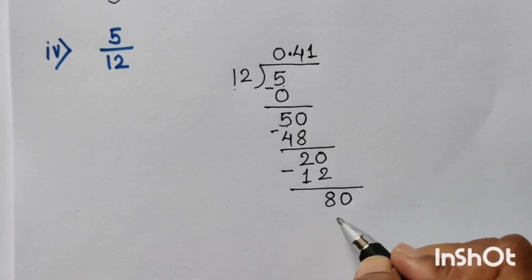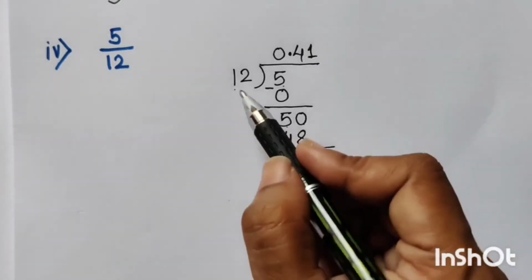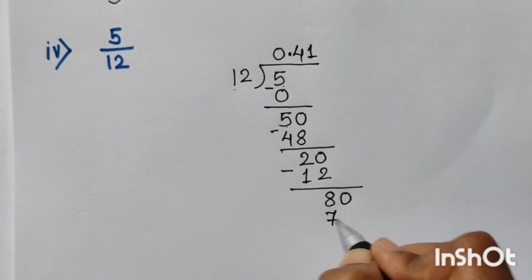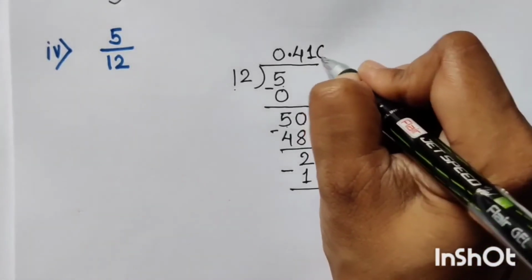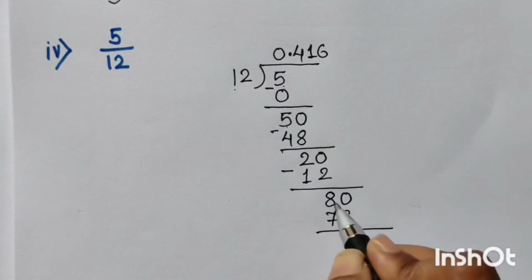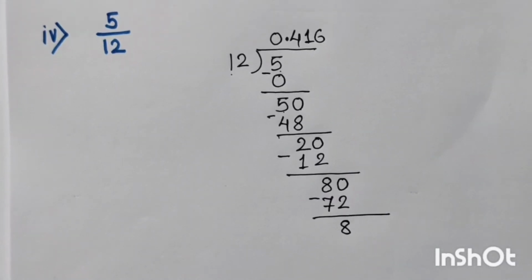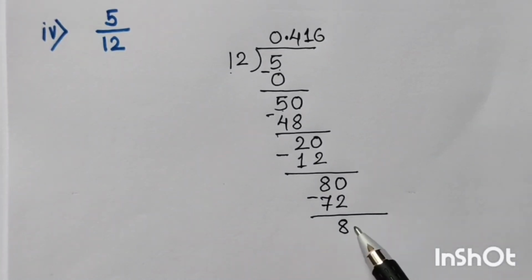Correct? Then divide 80 by 12. Saying 12's table, we will be getting 12 6s are 72. 80 minus 72, we are getting 8. Okay. Now see children, here what will happen if I put a 0 after this 8, we will be getting 80.